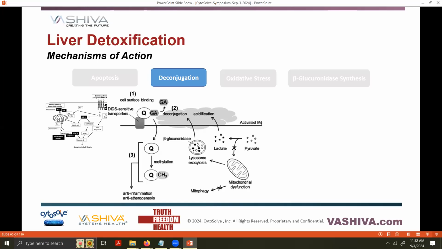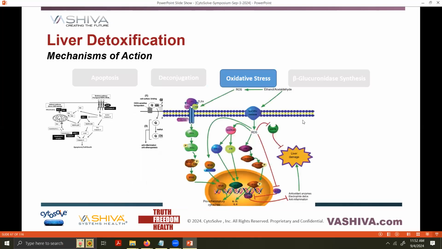The next mechanism is oxidative stress. Oxidative stress occurs in many biological processes, including liver detoxification. If there is an imbalance in your oxidative stress, that means you have more reactive oxygen species. They start damaging the internal molecules which are necessary for metabolic functioning.